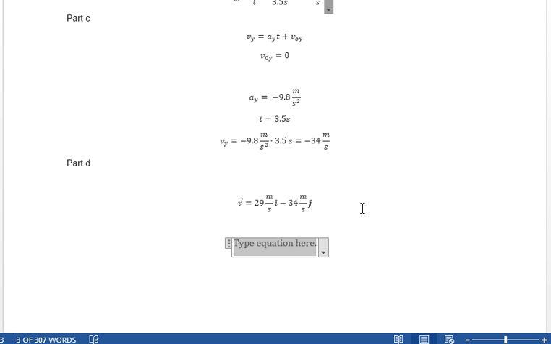What is the magnitude, right? Magnitude of V is just going to be the square root of (29 squared plus 34 squared).